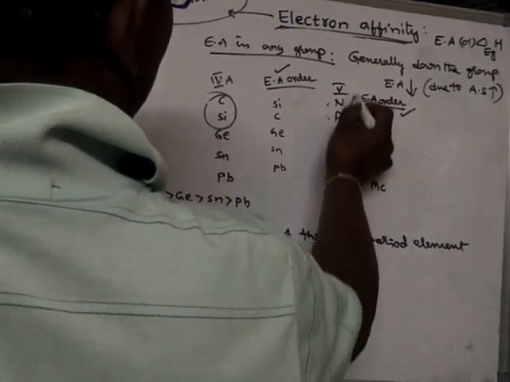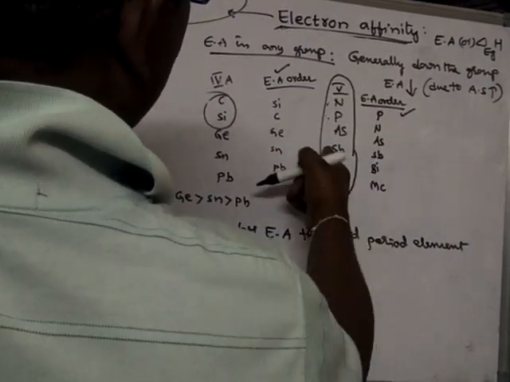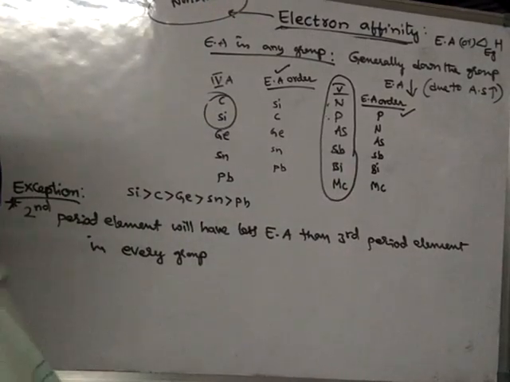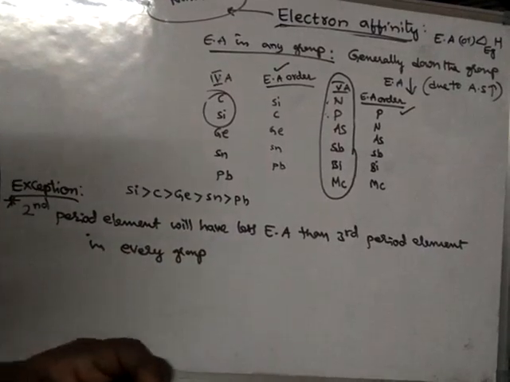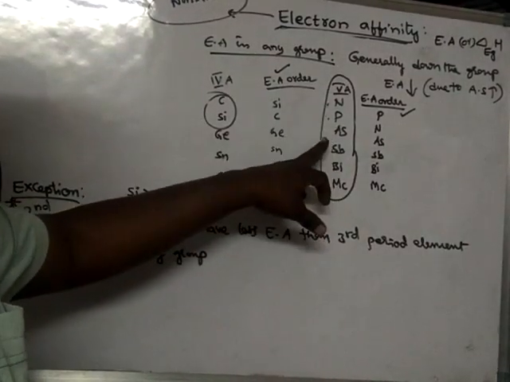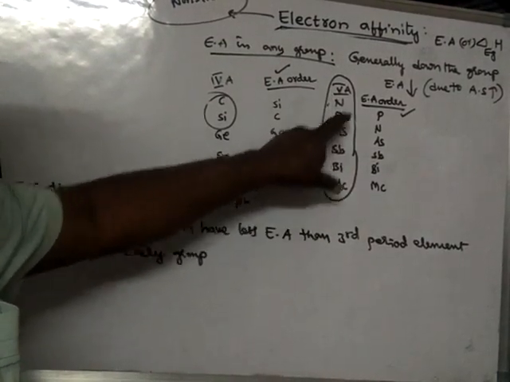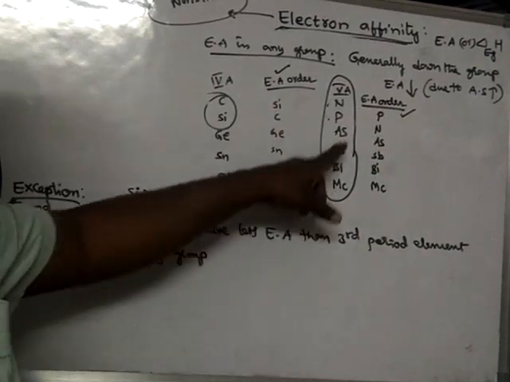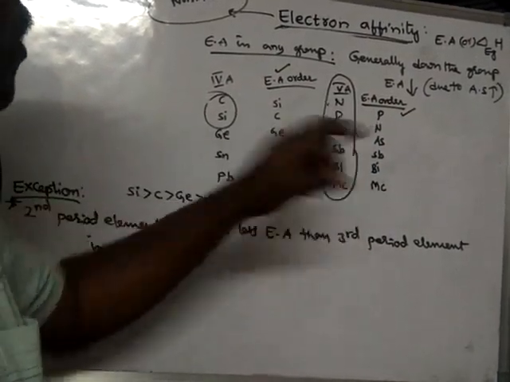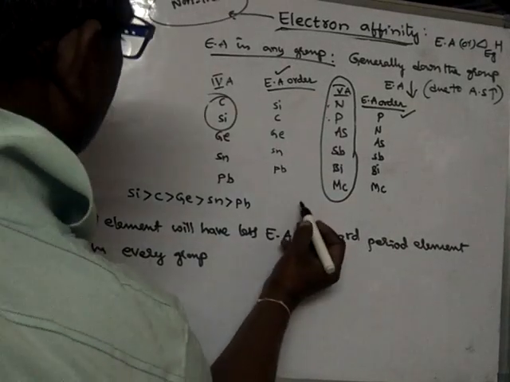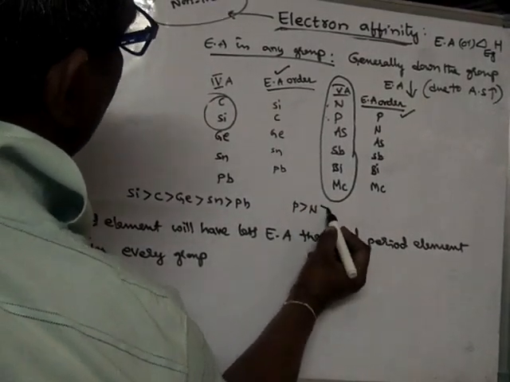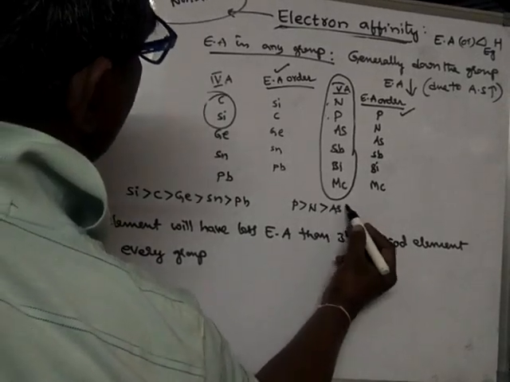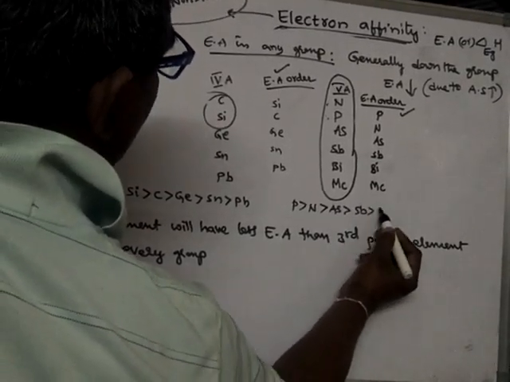The elements are arranged in this order in fifth A group, but in electron affinity order phosphorus will possess more electron affinity than nitrogen, and nitrogen more than arsenic.